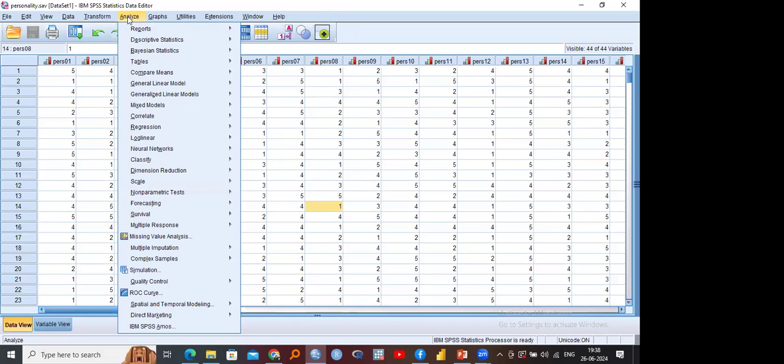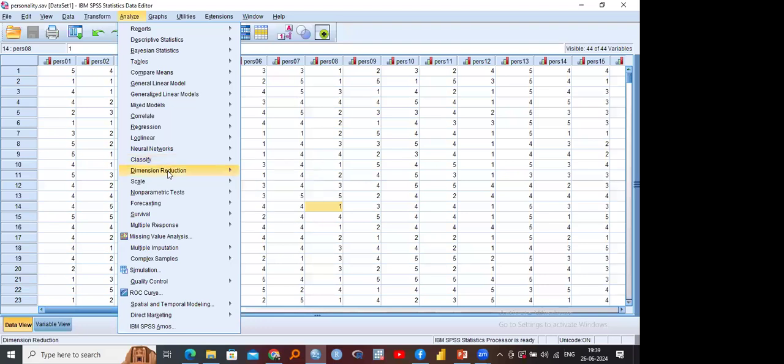Have you all done it before or just after the lecture? After lecture, okay. Now somebody has written AMOS. AMOS is used only for confirmatory factor analysis, as I said. Here, since we are only doing exploratory factor analysis, we will go by dimension reduction.